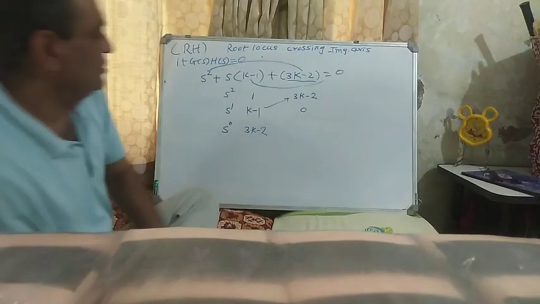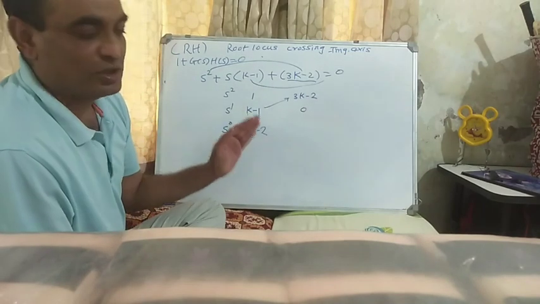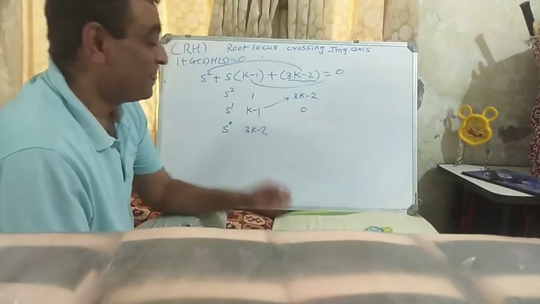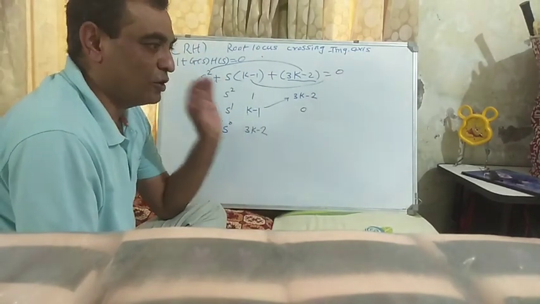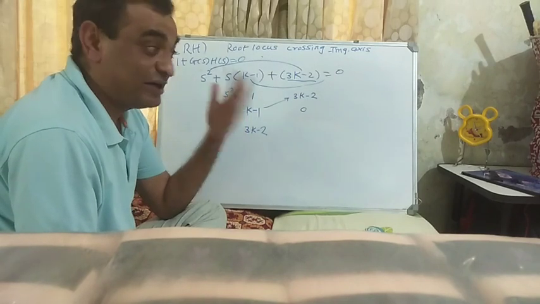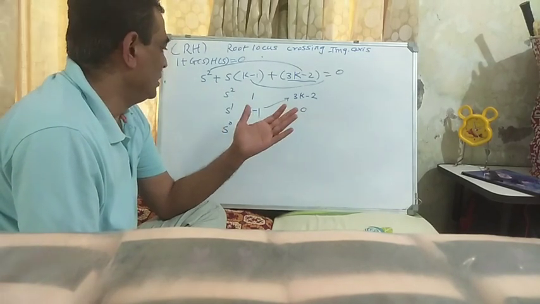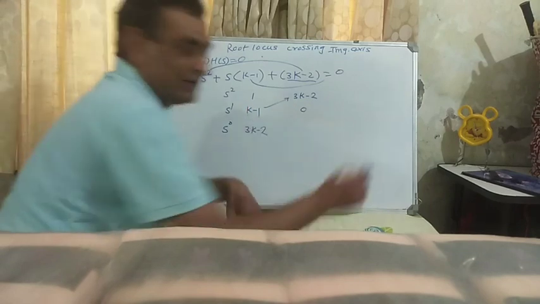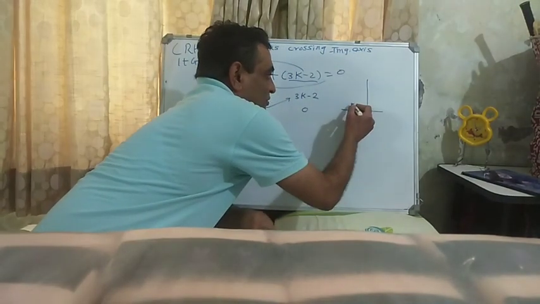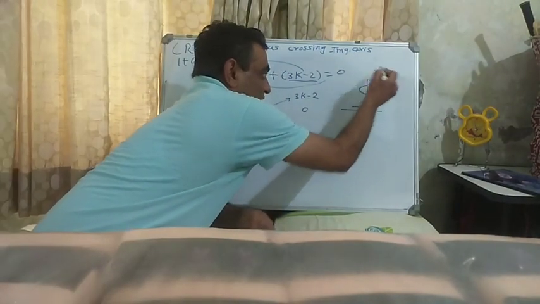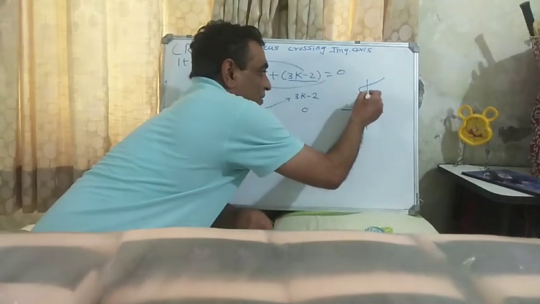Now I need to find where the root locus crosses the imaginary axis. It means that it can cross multiple times also, okay? Something like this. The root locus can cross like this also. Let's say it crosses and then it again crosses. So there are multiple ways.